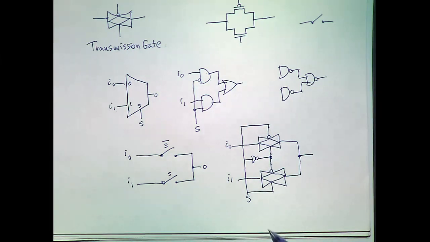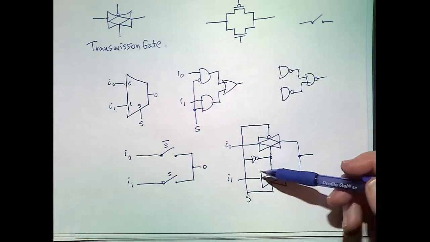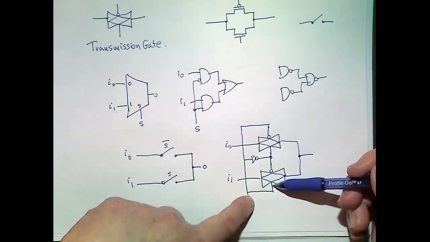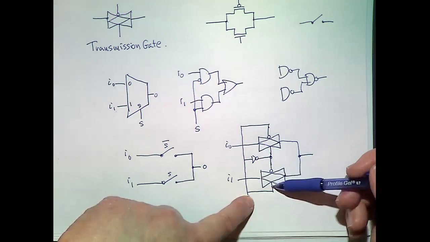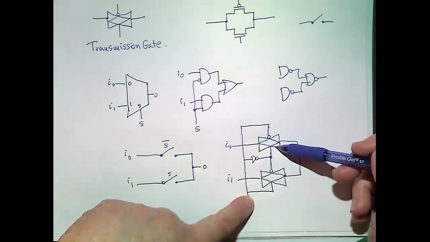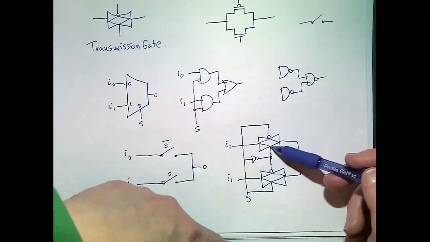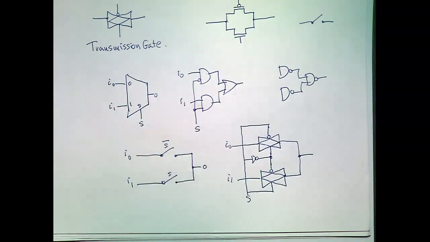Right, so when S is 0, this is off, because this is PMOS, and this is NMOS, and this one's on. And when S is 1, we have the reverse. This one's on, and this one's off. Okay, so this is essentially what we're implementing. Okay, how many transistors here?